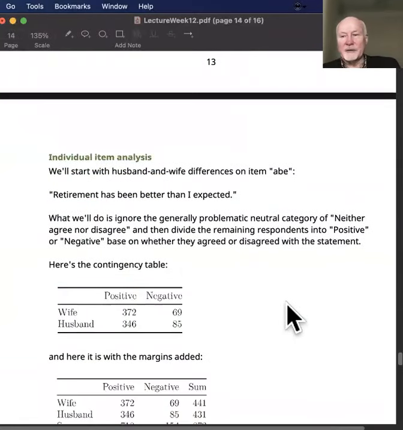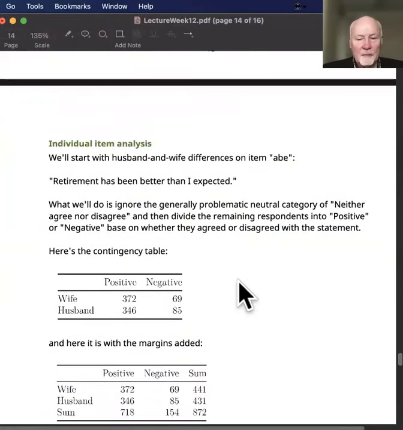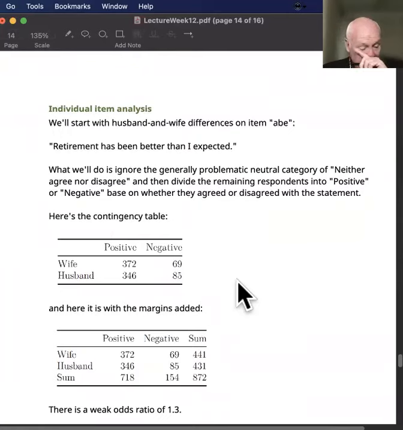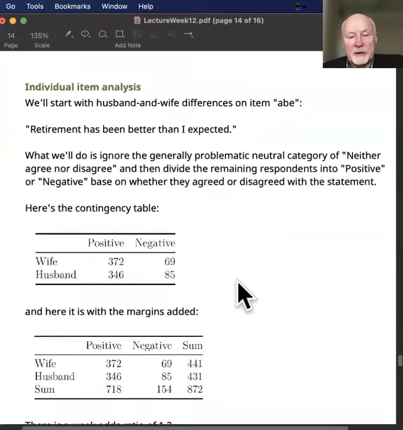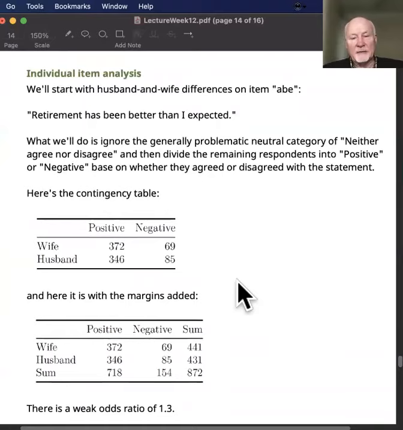Now we'll just look at some individual items. What I'm using here is the techniques that I've talked about in last week's lectures, and this is the kind of thing you're doing in your task write-up for test 4. When you have this kind of ordinal questionnaire data, you can compare pairs of things.